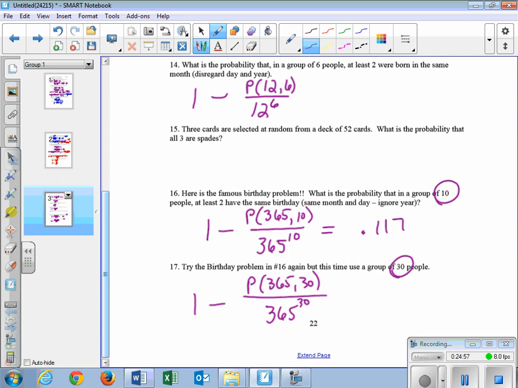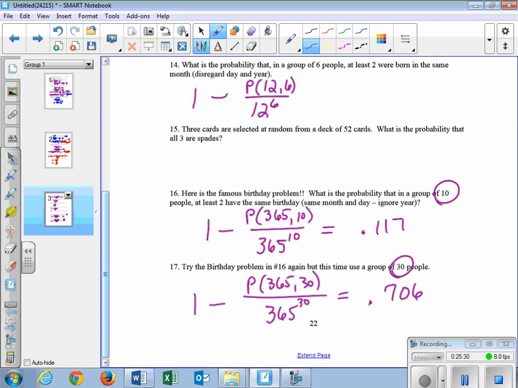The denominator means everybody who is born has 365 days to choose to be born. So that's my sample space. Now notice this gets up to 0.706 as that probability. Actually, if you have 23 people in the room, you have a 50% chance of sharing a birthday with somebody else in that room, or two people would share a birthday. And that's always just kind of a fun fact. A fun little thing to kind of investigate.